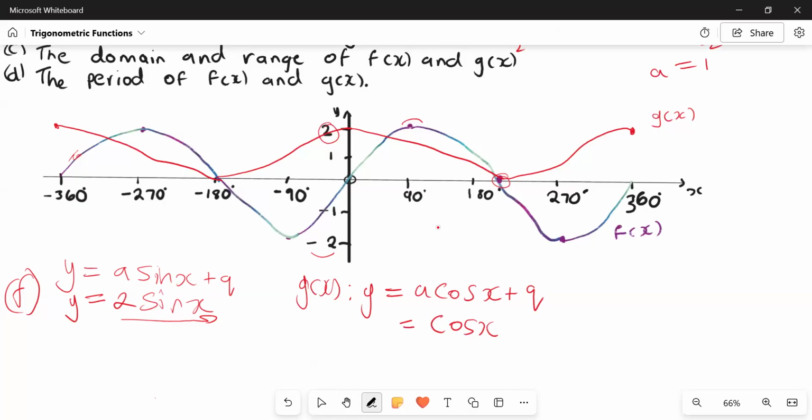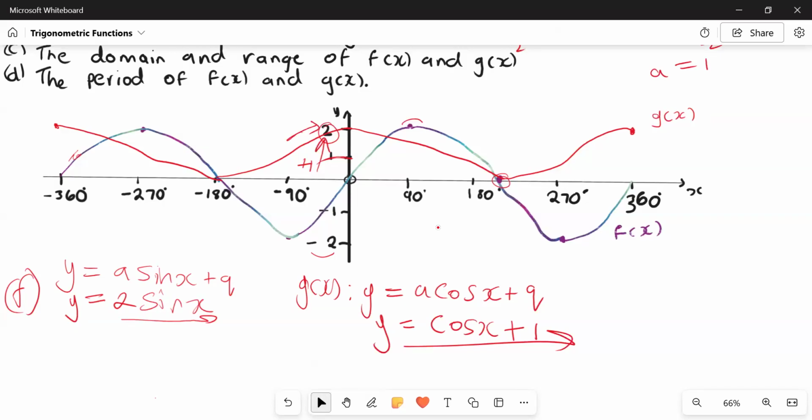But the standard graph of cos tends to 1, right? But then this one tends to 2. Can you see? So which means the graph went up 1 unit, plus 1. So the vertical shift there will be plus 1. So you'll have y equal to cos x plus 1 for that graph. So this is the equation of g of x and then the equation of f of x. Perfect.